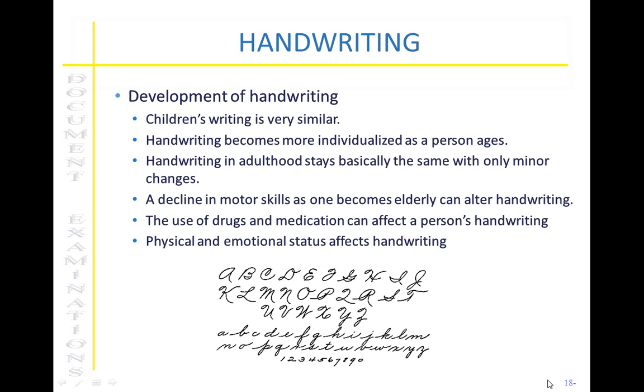Handwriting will become more individualized as the person ages, though, and they will have minor changes that are going to be more unique to themselves. The handwriting can also change as a person ages and has a decline in their motor skills or through the use of a lot of drugs or medication.